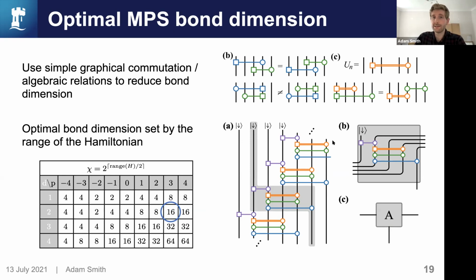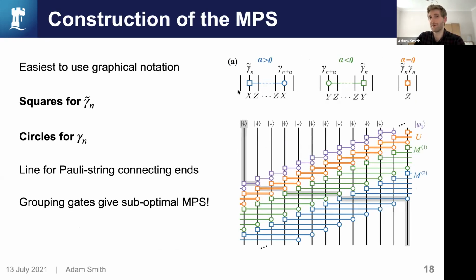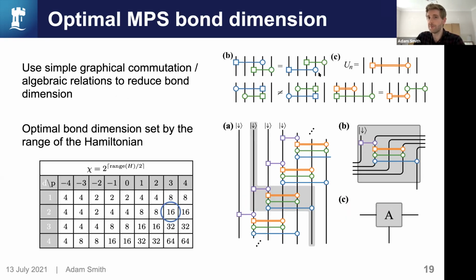The way we get this is using a nice graphical notation where we can use commutation properties of these gates. If we have gates where there are no overlapping symbols, then we can commute them past each other. This just follows from the commutation properties of these Pauli strings, so it's quite easy to check. You can also commute a circle past a square and a square past a circle, but you can't commute squares past squares.